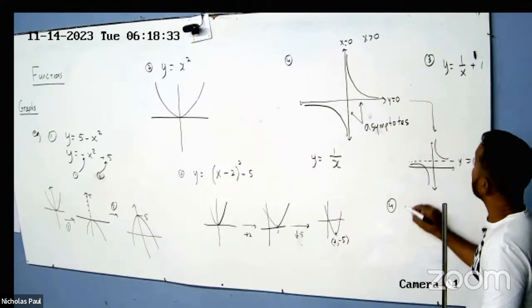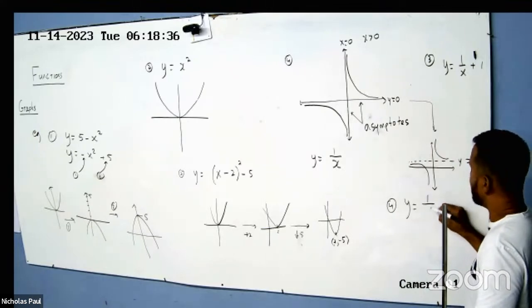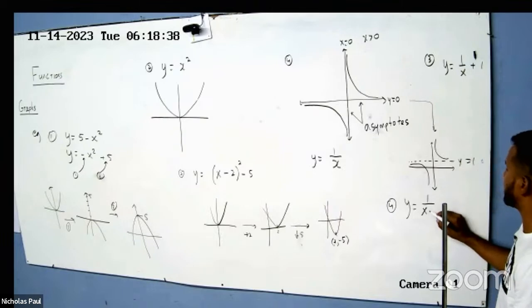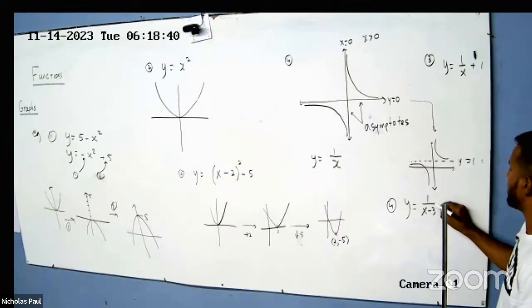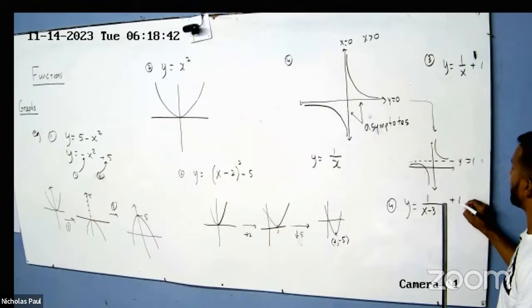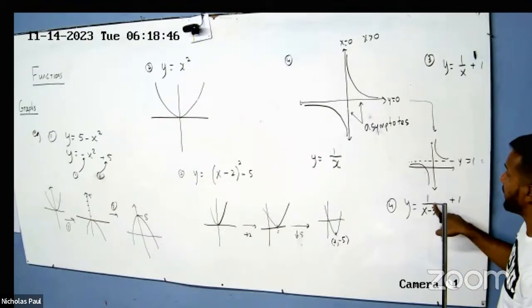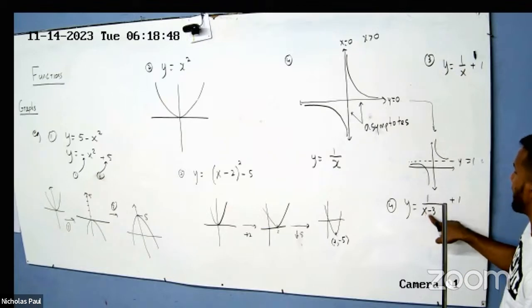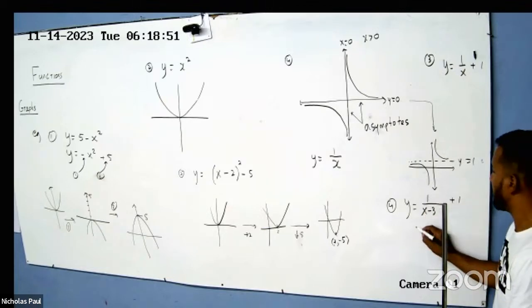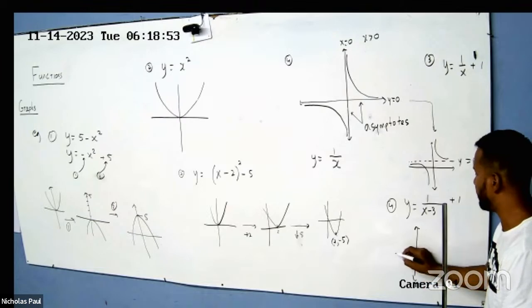Let's squeeze in one more here. Y is equal to 1 on x minus 3, plus 1. See if you can do that shift for me.